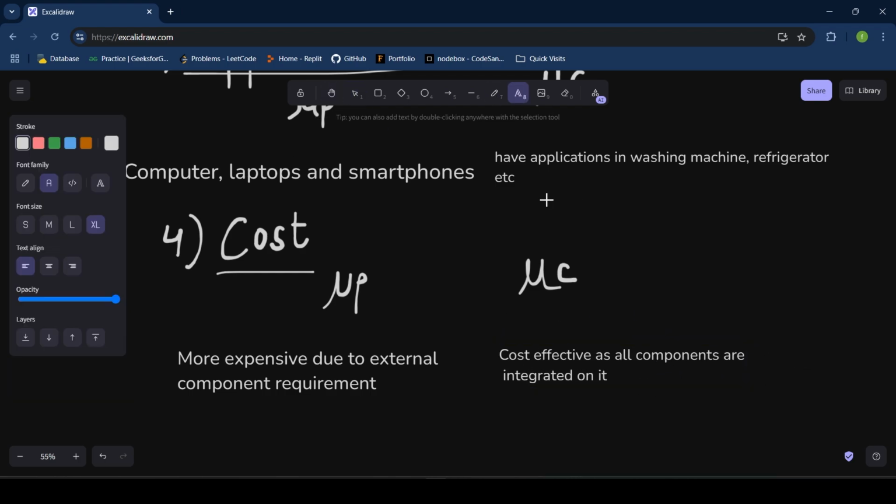Now the next difference between them would be of input-output capability.